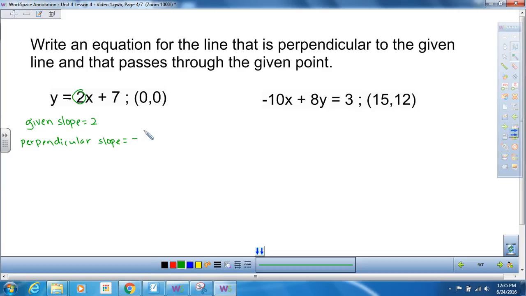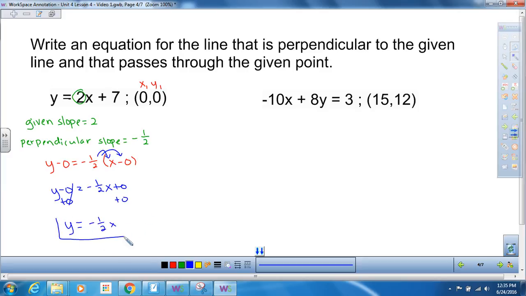The reciprocal of 2 is 1/2. Okay, so put it in point-slope form now. y minus 0 equals negative 1/2 parentheses x minus 0. And then change that to slope-intercept form by distributing and getting y by itself. And again, just because it's 0, I don't have to write plus 0, just negative 1/2 x.